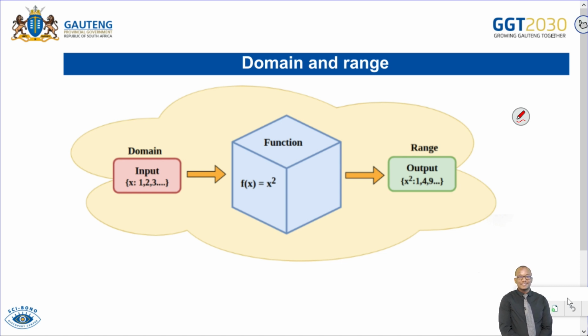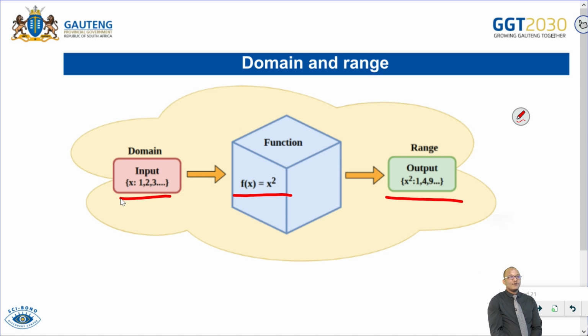Now let's look at two of the important things that you need to know when we're interpreting our functions. We have the domain, and we also have what we call the range. The domain and range of which function? Of the function f of x. When we're speaking about domains, we speak of x values, which are the input. You know that x values are the input of your f of x, which can be represented by y as well.